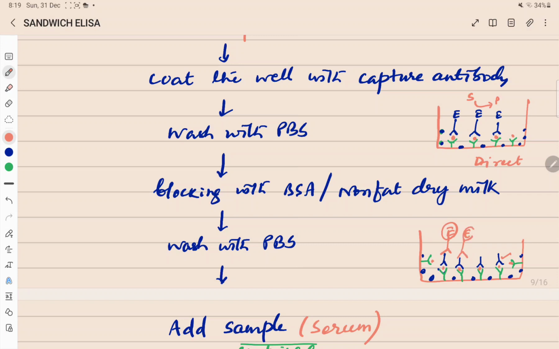Now we can detect. This enzyme will convert the substrate to a color product. So this is indirect sandwich ELISA. This is the difference, and in both cases it is called sandwich because the antigen is sandwiched between the capture antibody and the detection antibody.